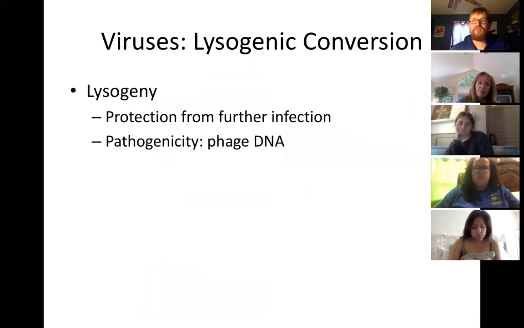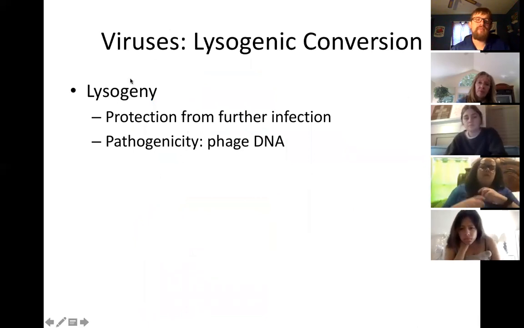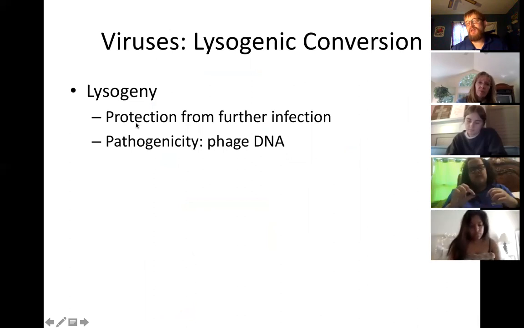One of the things that's really interesting about bacteriophages is this idea of lysogenic conversion. All right. And so we have a couple of different things that happen. If you see this term lysogeny, one of the things that's important is that it actually protects that bacteria from further infection.